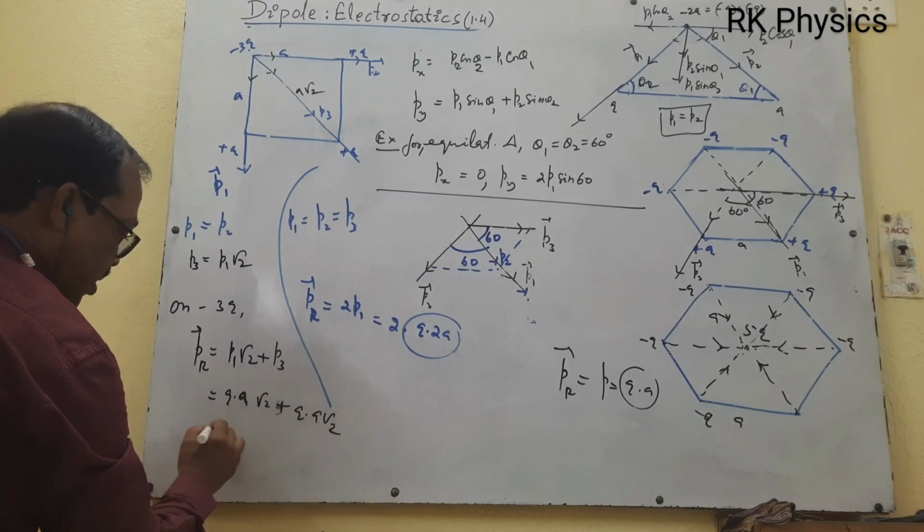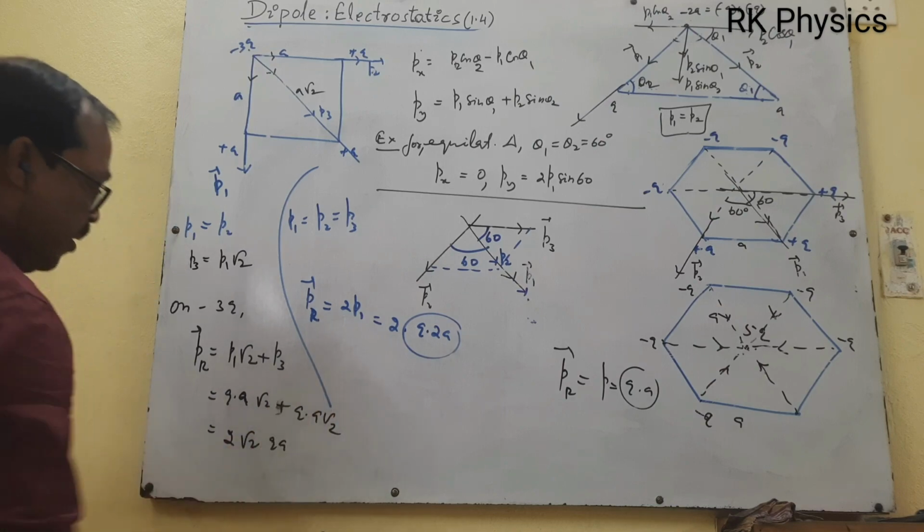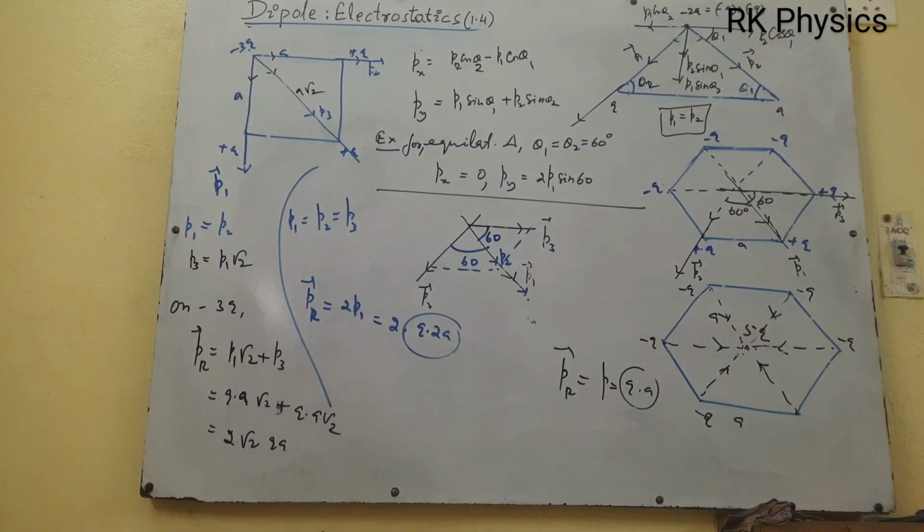See, these two are again the same. So this is 2 times 2 root 2 into qa. So in this way you can calculate various sums.